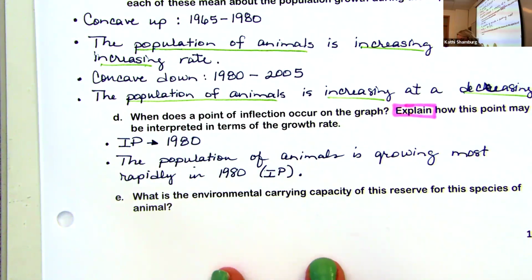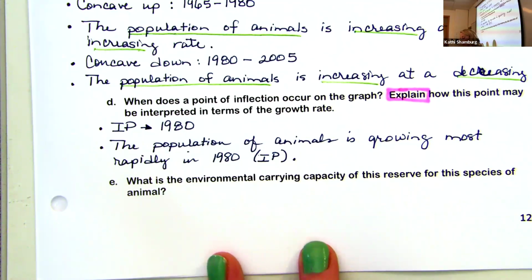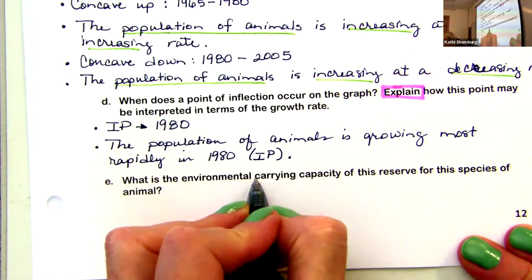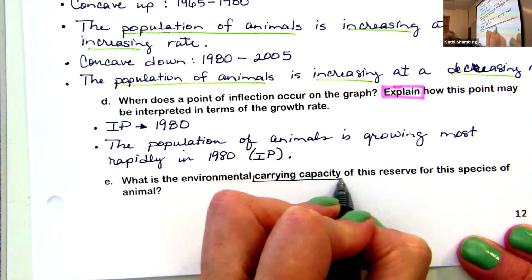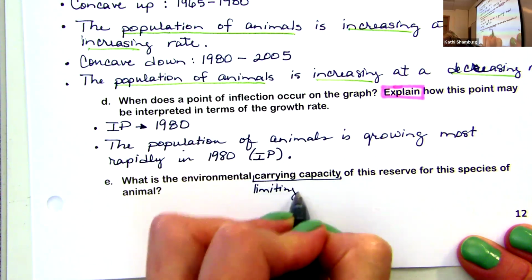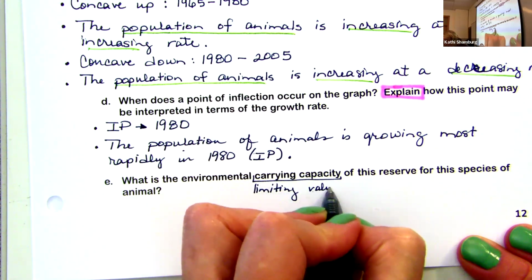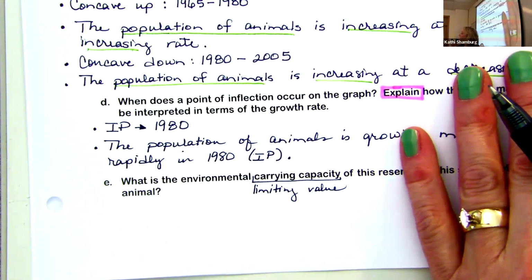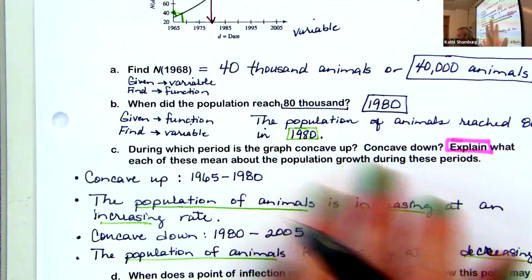All right, E. What is the environmental carrying capacity of this reserve? Okay, this is basically saying, is there a limiting value for this population? Now remember, limiting value is if it hits that limit and then basically stays that number.